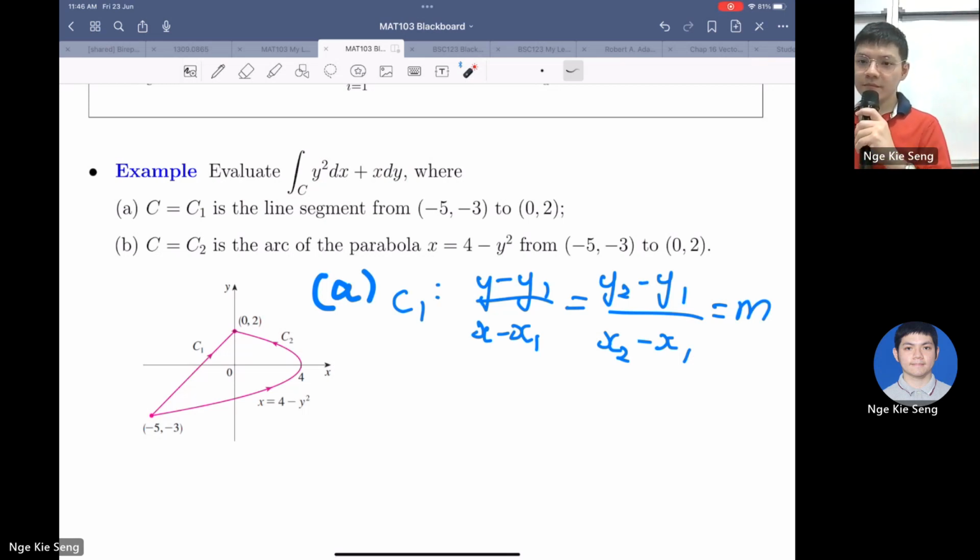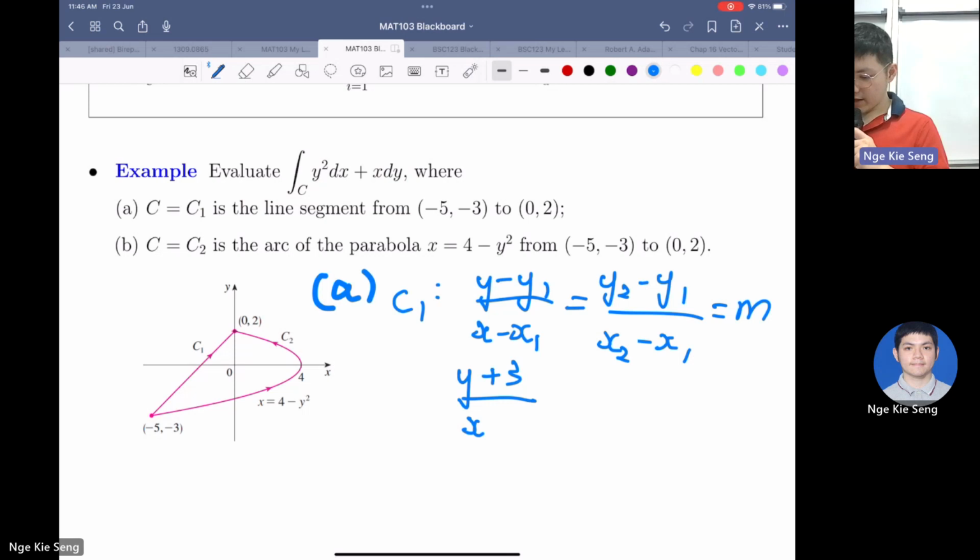So what should we do? Let's start with -5, -3 as x1, y1. So what do I have? I have y plus 3 over x plus 5 equals 2 plus 3 over 0 plus 5.